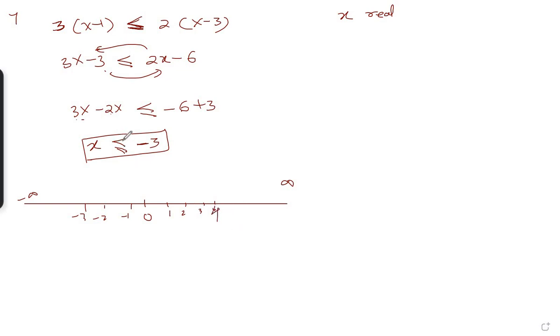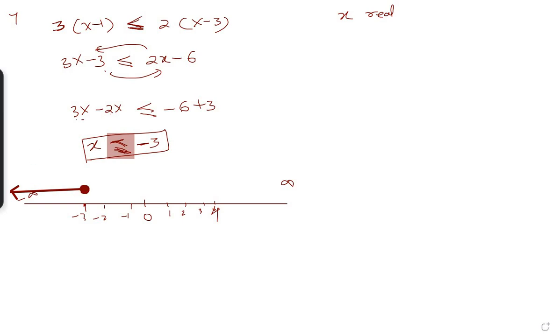Out of this, I need only less than minus 3 and equal. Remember, equal is also there. Remember, this is also there. So minus 3, select here. Minus 3. So I need to take minus 3 as well and all the numbers below. Remember, less than means below this side. Okay. So this is my answer.